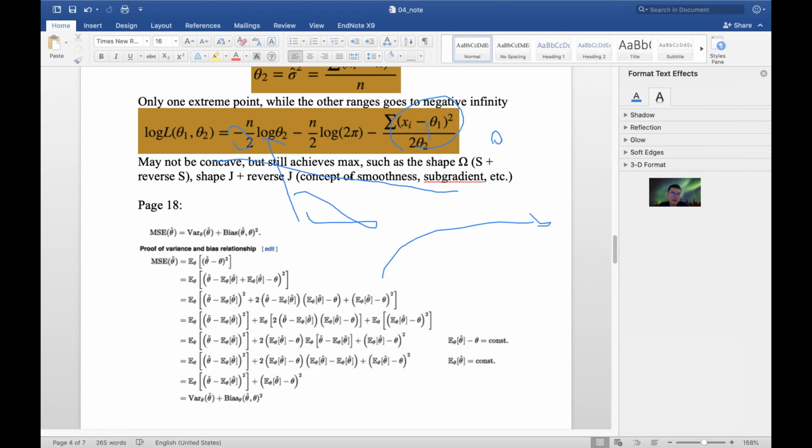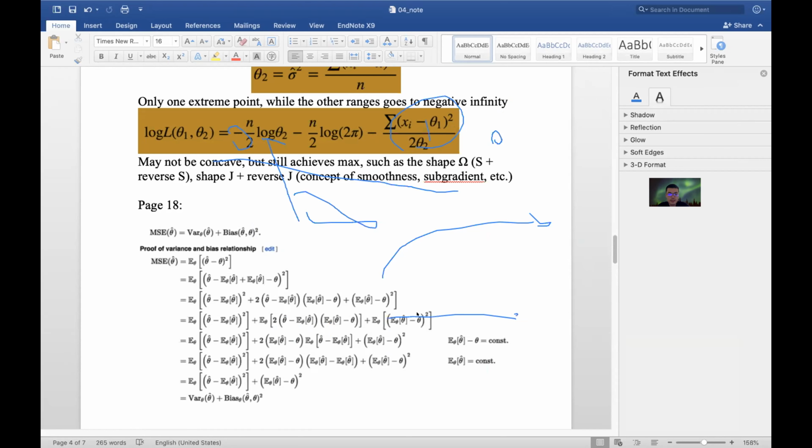If you are very close to 0, you can also show by taking a limit, because the speed is different, that it's going to go to negative infinity.